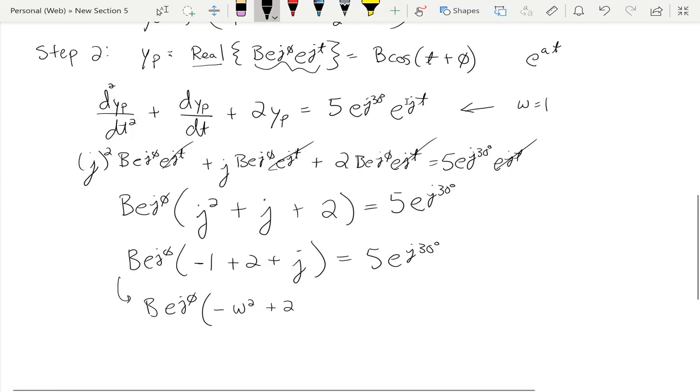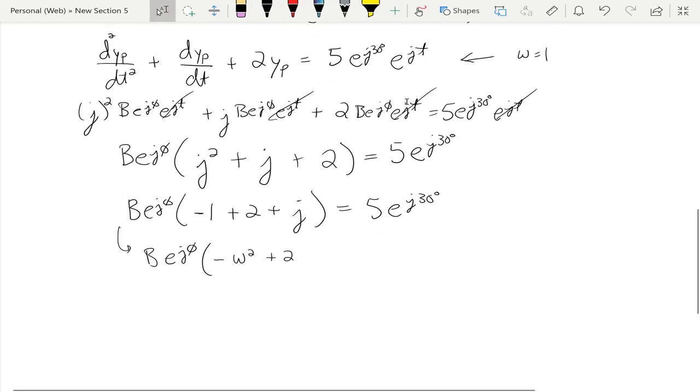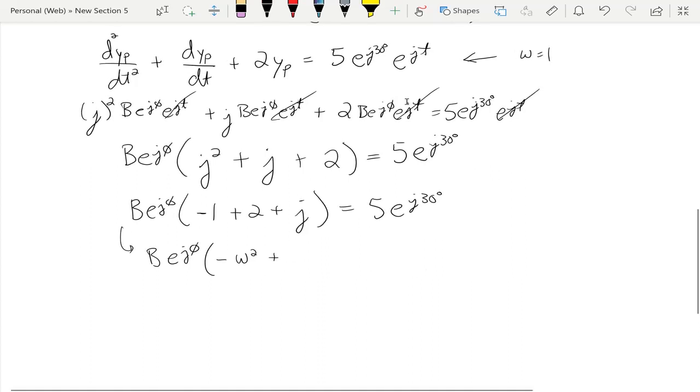I still want to address the question that was asked, but I'm not going to keep this general. I'll write this as 1 plus j equals 5 e to the j 30 degrees, like that.